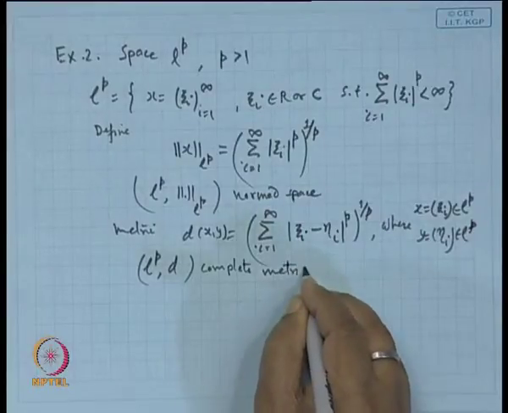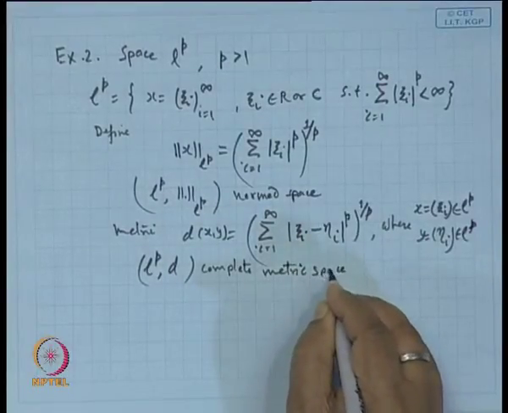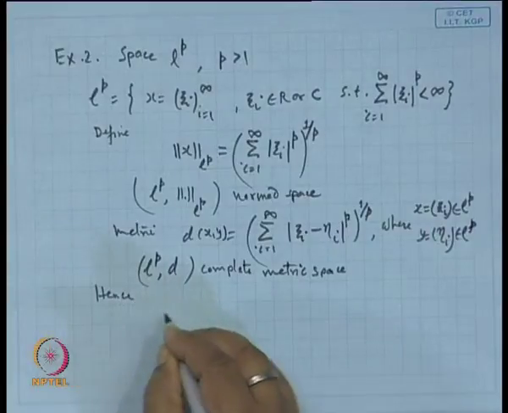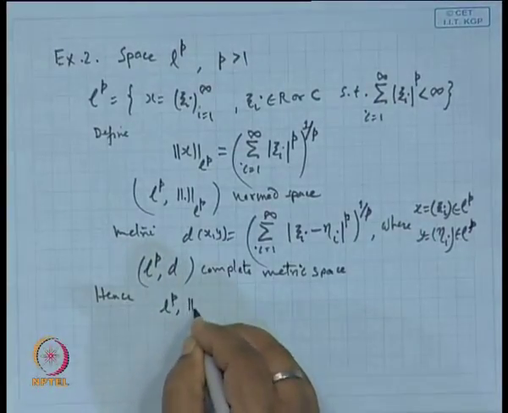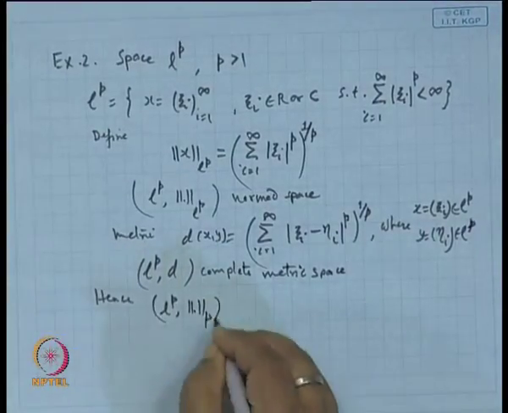Hence, l^p with this norm is a Banach space.